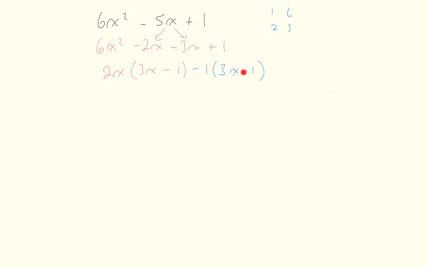And again, if these two are the same, I can continue to factor by grouping and finish off with 2x minus 1 and 3x minus 1. Quick check, that equals, if I FOIL it, 6x squared minus 2x minus 3x, which is minus 5x, and plus 1. Looks good.